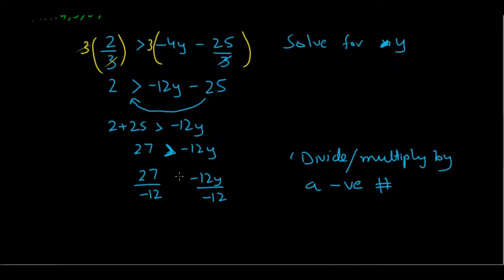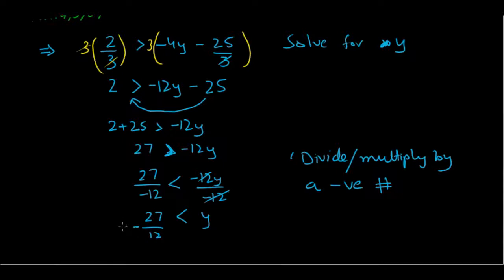When I divide by a negative number, the sign goes in the opposite direction. Okay, so you have to be very careful about that, but only with negative numbers being divided or multiplied. Over here we actually were multiplying, but we multiplied by a positive number, so we didn't have to change the inequality sign. Okay, so here now the negative 12 and negative 12 cancels, and I get that y is 27 over 12 with a negative sign.